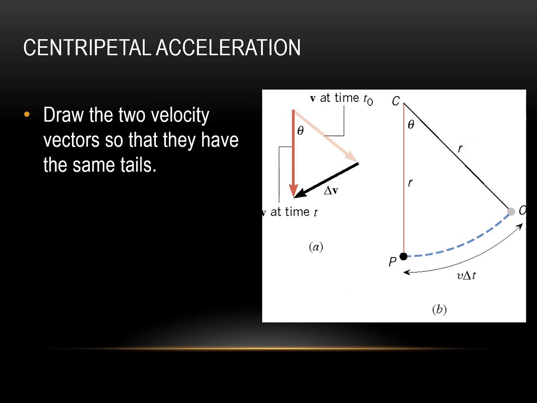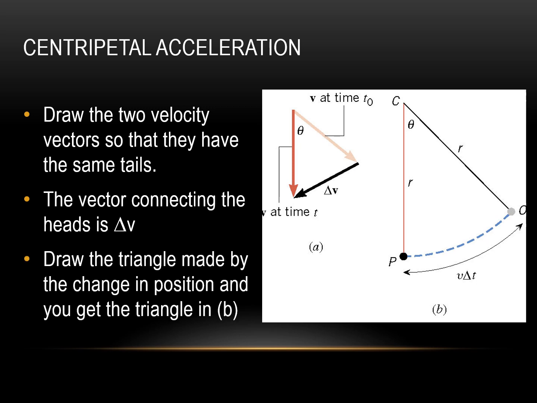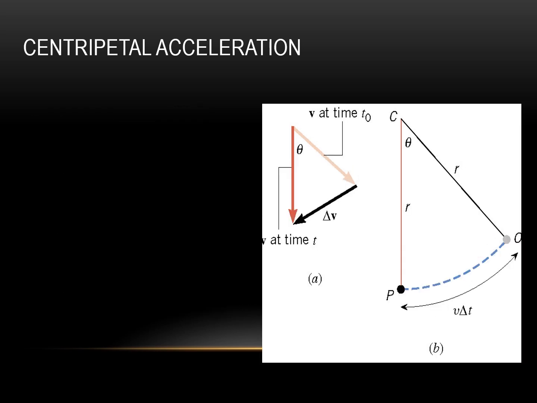In centripetal acceleration, you can draw the two velocity vectors so that they have the same tail, and the vector connecting the heads is delta v, and draw the triangle made by the change in position, and you will get the triangle in v.